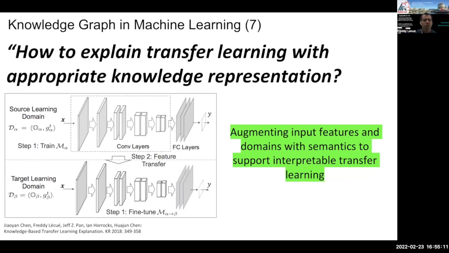And there has been some work that tries to explain when transfer learning is a good way to go. Based on the difference between the input that you get and the targeted model that you want, and the class that you will reach, there are some works on trying to explain transfer learning and when it is appropriate to use.